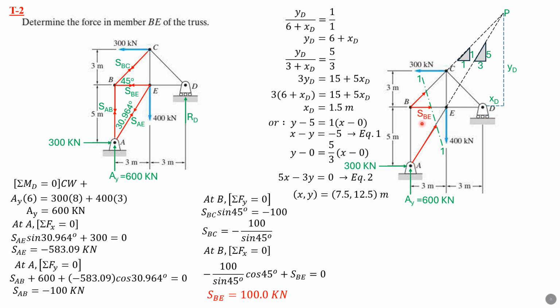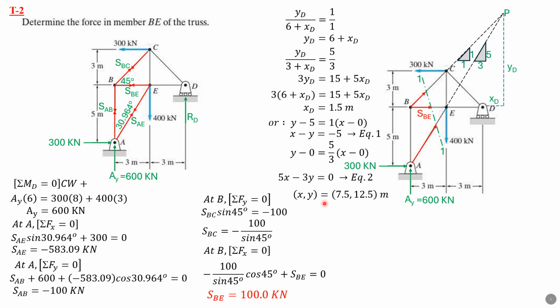So if xP is 7.5, it's correct that it is 6 plus 1.5, so 7.5. 6 plus XD 1.5 is 7.5. That's correct. So that's why XD should be 1.5.